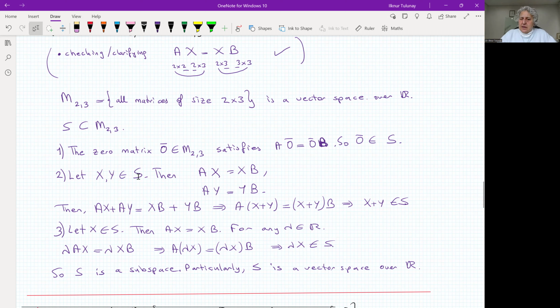Since X is an element in S, it satisfies AX is equal to XB, and Y is in S, so this matrix equation holds, AY is equal to YB. Since we are interested in X plus Y, it is logical to add these two equations and try to see. So if you add these two equations, we have AX plus AY, XB plus YB.